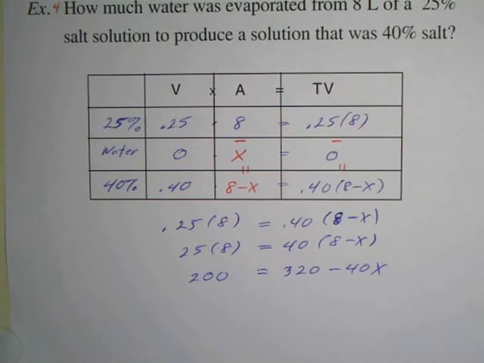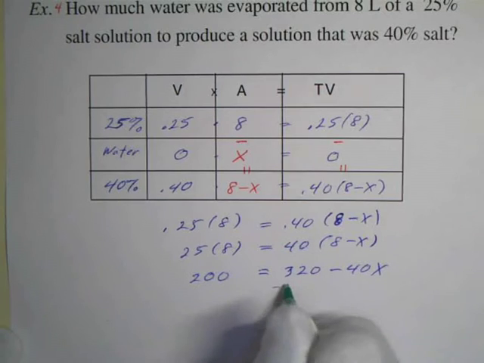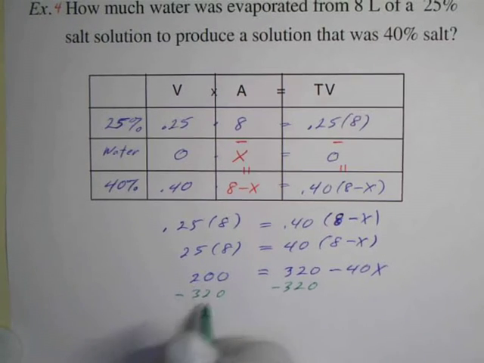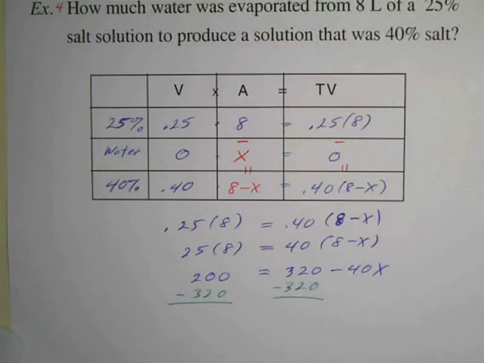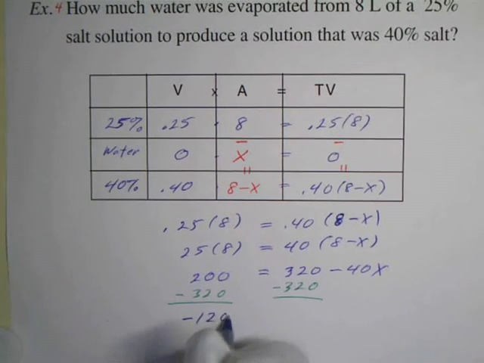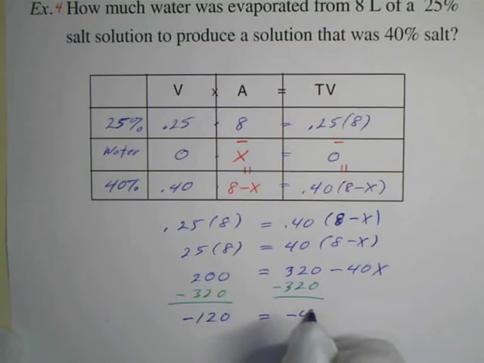And then I'll subtract 320 from both sides, and I'll end up with negative 120 equals negative 40x.